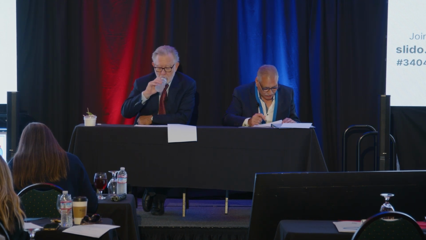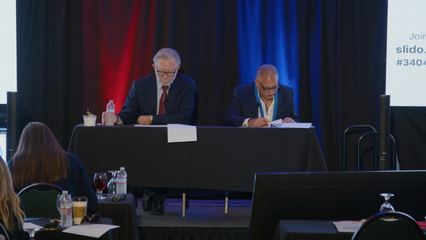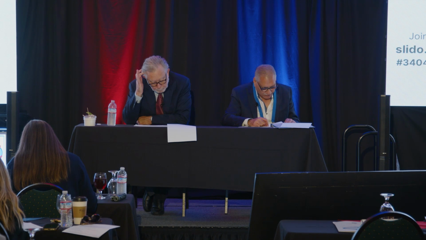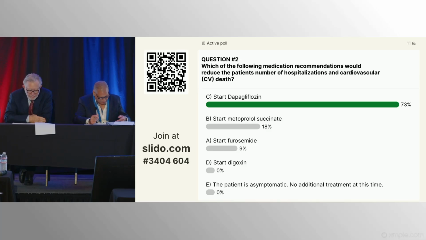His blood pressure is 120/70. Physical examination is unremarkable. He's on metformin and losartan. Chlorthalidone was discontinued because he was diagnosed with gout. Which of the following medication recommendations would reduce the patient's number of hospitalizations and cardiovascular risk?